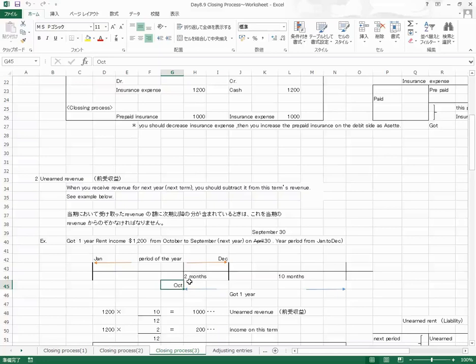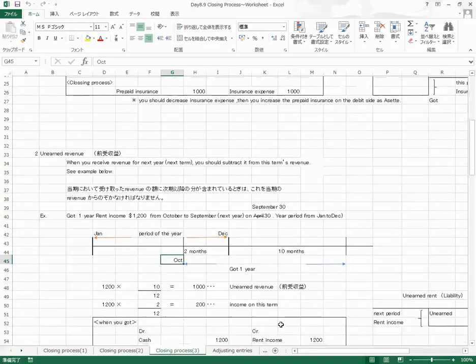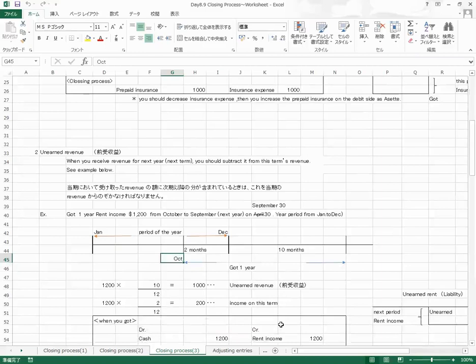The income belonging to this term is only 2 months. You should record 2 months income. So 10 months income goes to the next year.